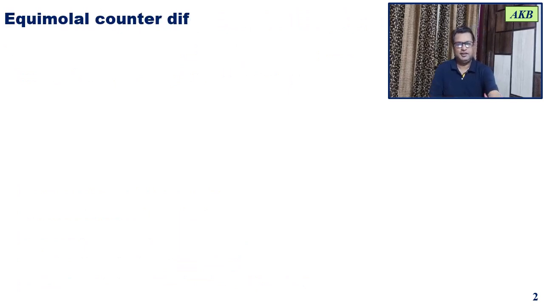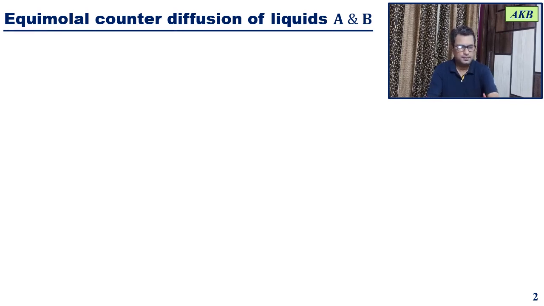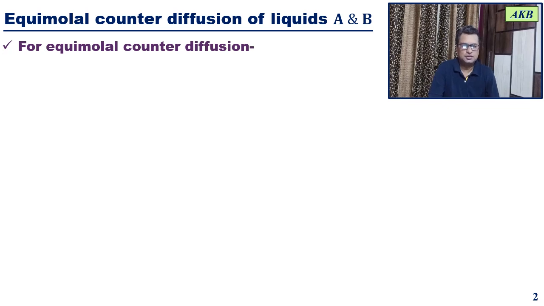So this is equimolal counter diffusion of liquids A and B. What do we mean by equimolal counter diffusion? If you talk about equimolal counter diffusion of two components, then these two components have the same rate of diffusion, but the direction of diffusion is exactly opposite.